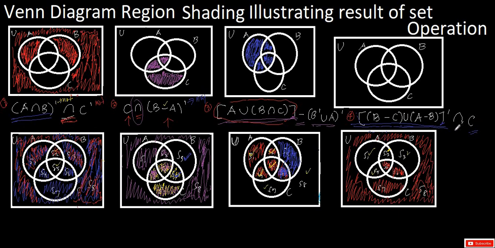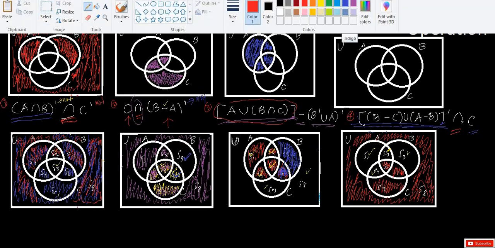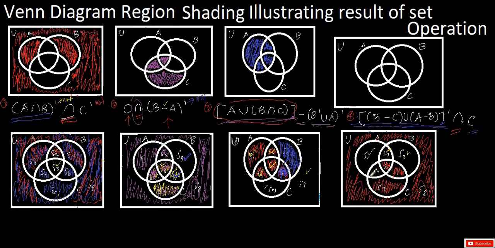Okay, so finally we will perform the operation intersection with set C. So we will use another color for set C. Shading set C by a blue color. This one. Okay, so what are the regions that belong to set C?